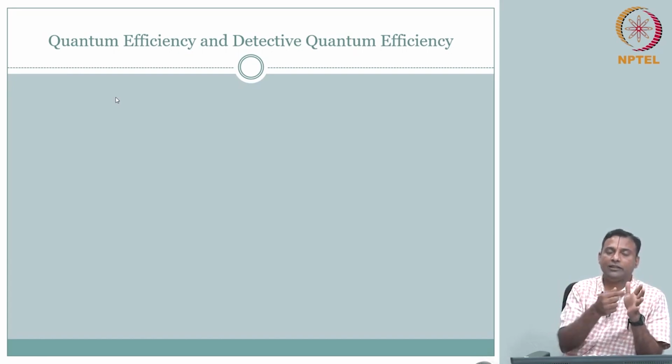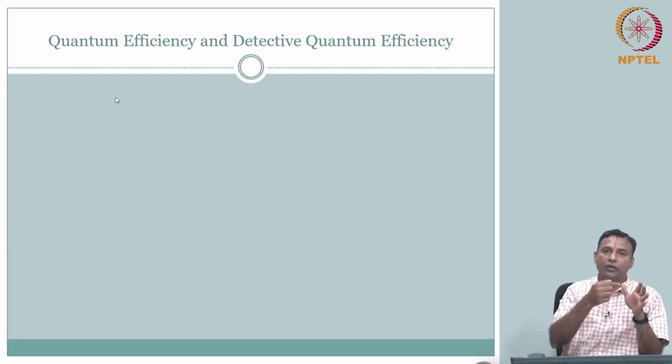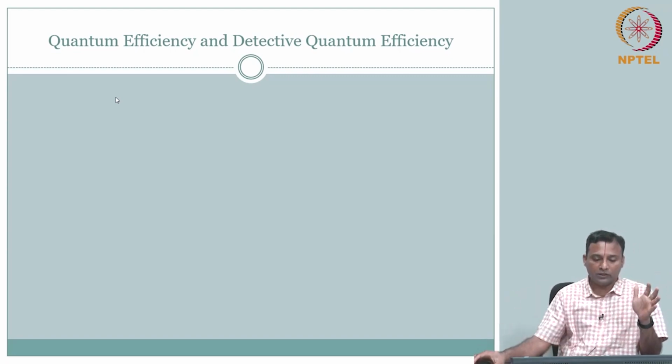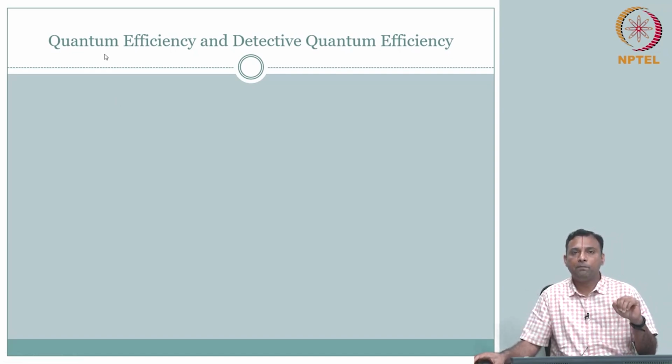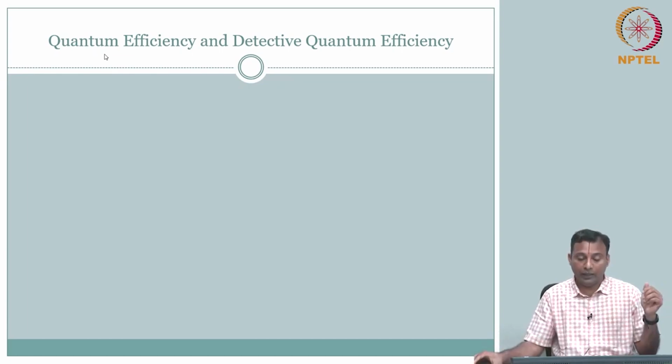If I send one photon, what is the chance that it is going to get absorbed, take part with this material and create a light photon? What is that probability? If it is just going through, coming out without interaction, you are not going to get anything. So this quantum efficiency is going to characterize the ability of the detector to interact with a photon and convert that to a light photon.